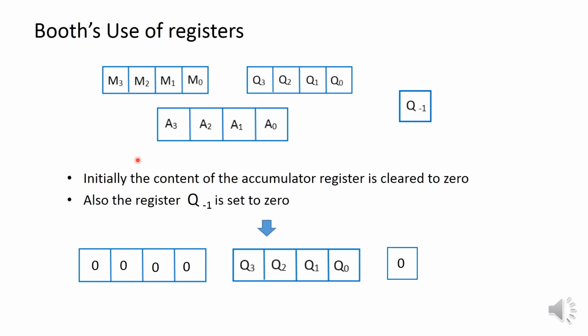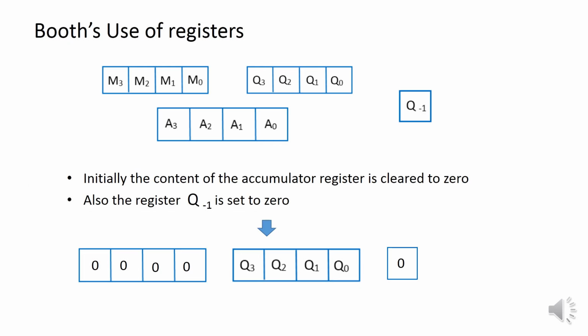These registers are similar to those used in the partial sum approach. But in addition, we need another register, the register q-1. This register is the right shift of q0. During the process, we arrange these registers in the following form.